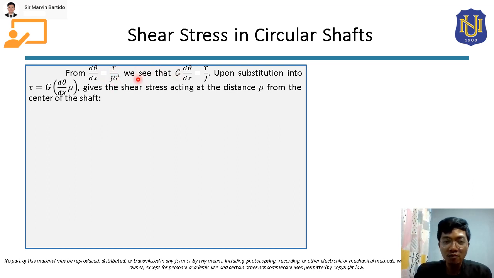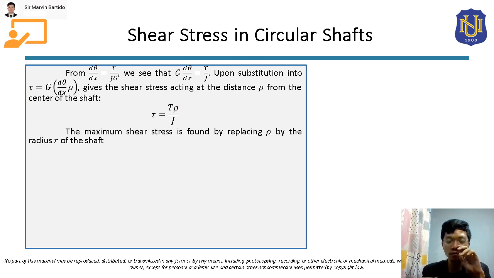If we cross multiply G, this becomes G d theta over dx equals T over J. Upon substitution, if you substitute G d theta over dx by T over J, it gives the shear stress acting at the distance rho from the center of the shaft. So the shear stress becomes tau equals T times rho over J.